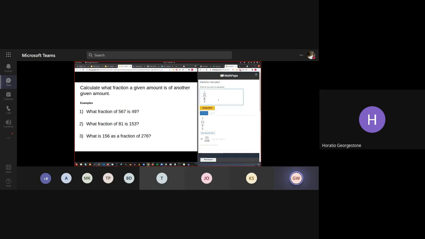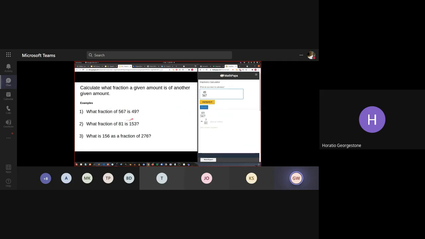So question 1, we just need to do 49 divided by 567. Actually, this calculator will not do the job because it won't display fractions. But we just need to do 49 divided by 567, or in other words, 49 over 567 if you prefer. And we'll get the answer, which is 7 over 81.